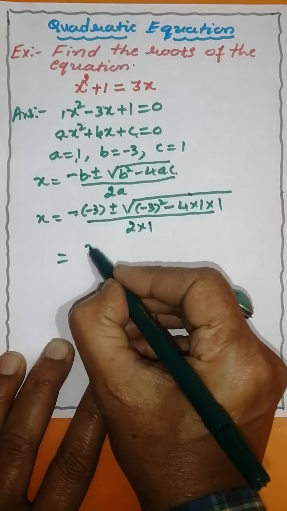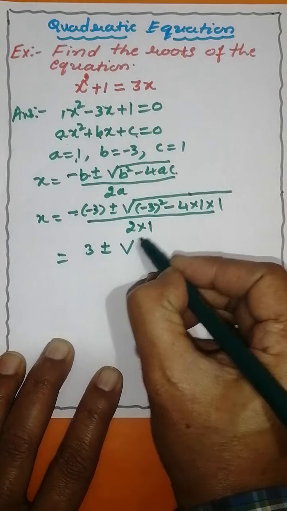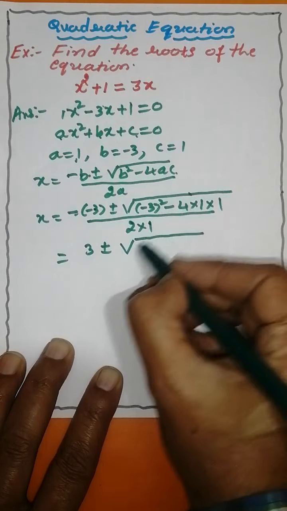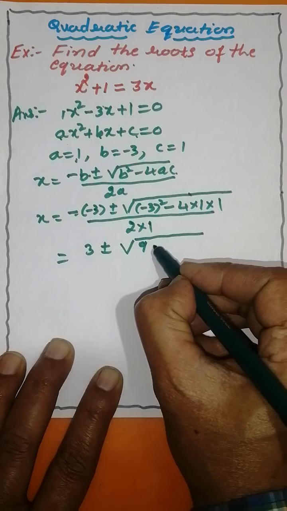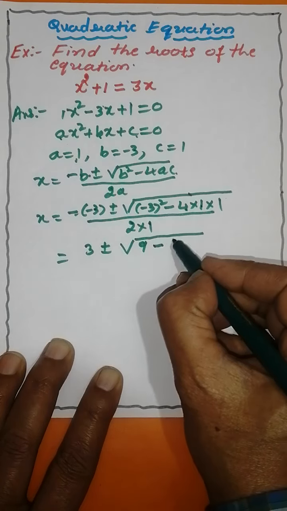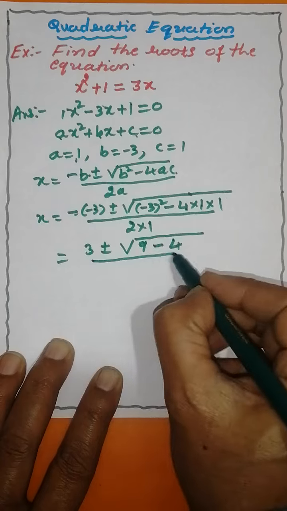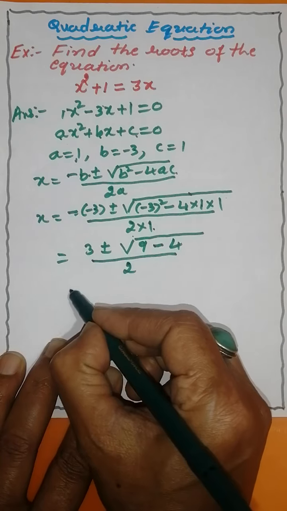Equal to 3 ± √(9 − 4): (−3)² is +9, 3 3s are 9, 4 1s are 4, divided by 2 1s are 2.